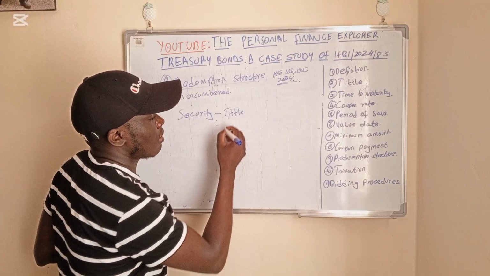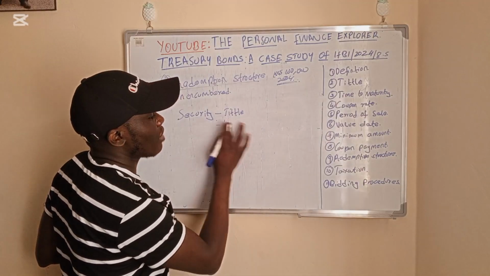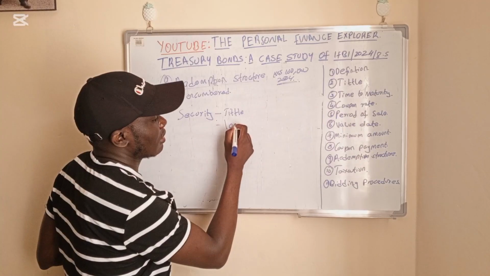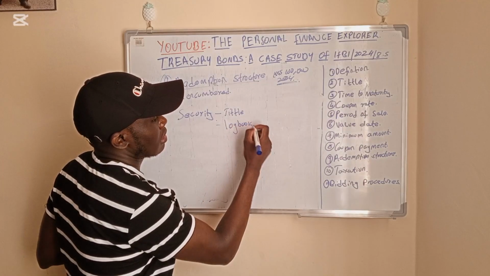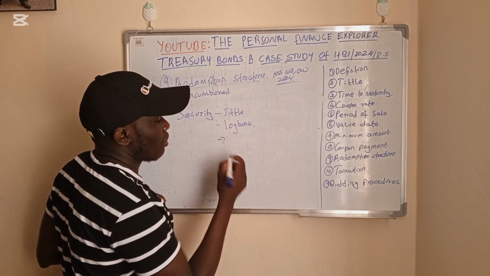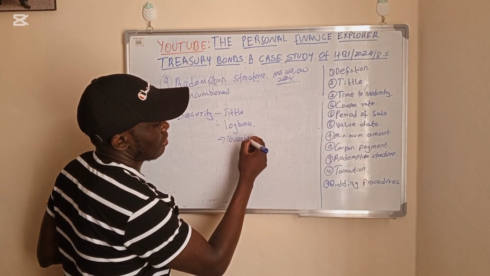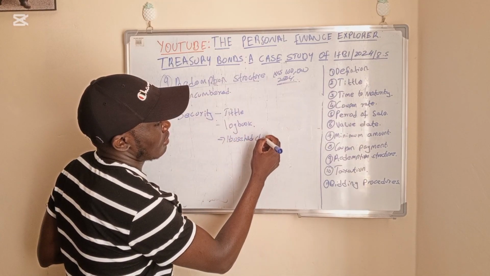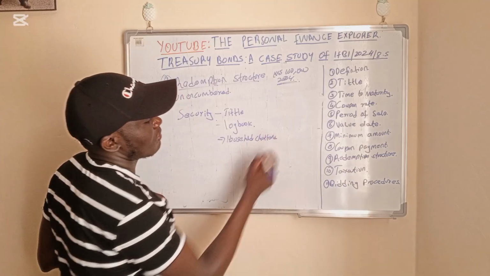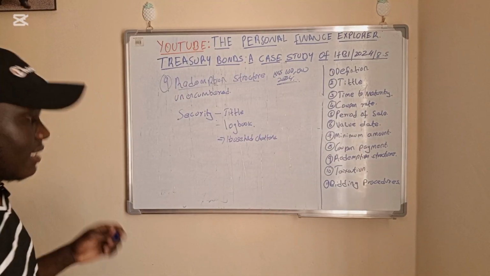They will ask for a logbook if you are using your car as security. Others will use your household chattel. That is for some types of credit facilities.